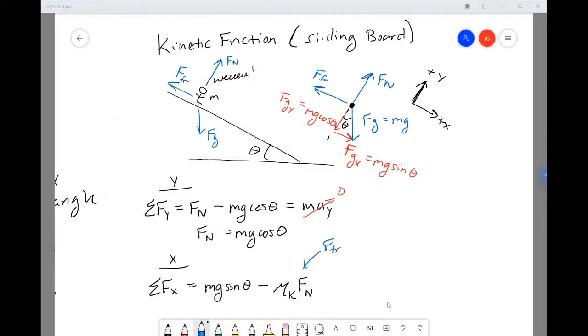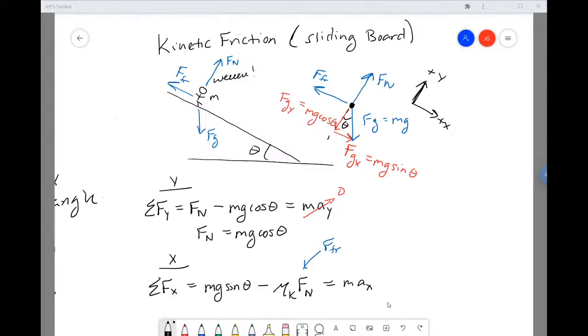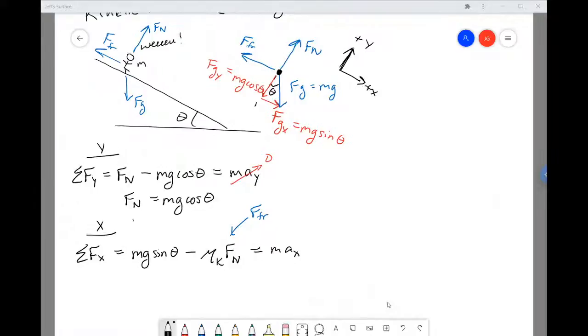That's the force of kinetic friction. And that equals the mass of the child times its rate of acceleration. Okay, so just like before, the thing that connects the two dimensions here is the normal force. So I can plug that in down here and get an equation that looks like this.